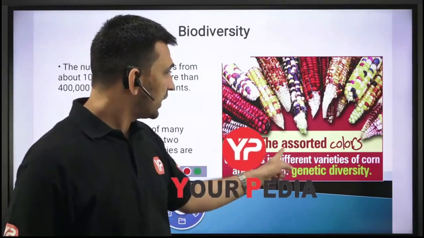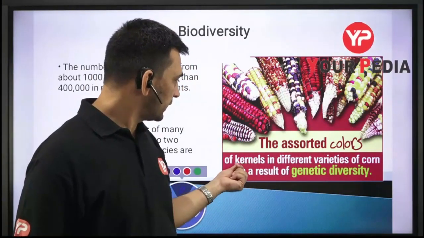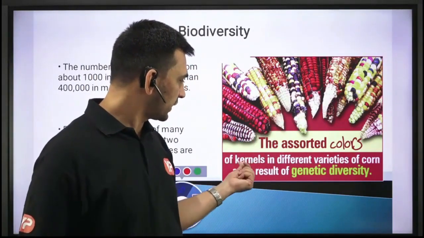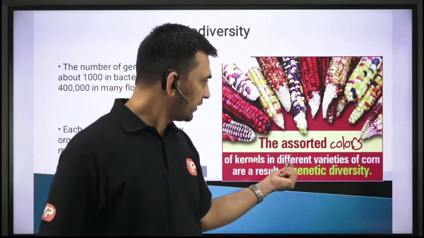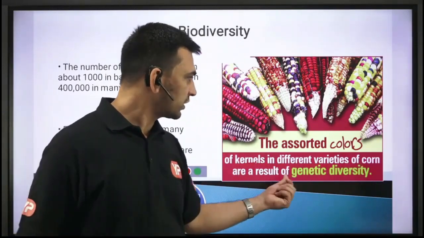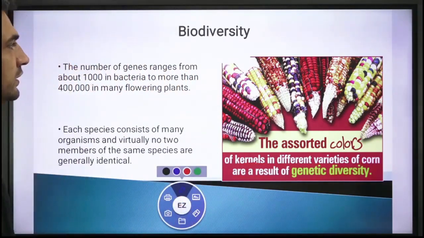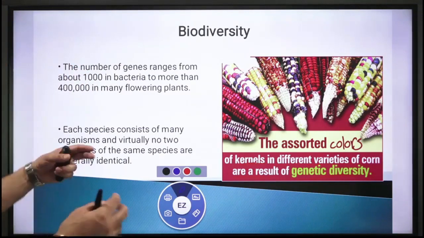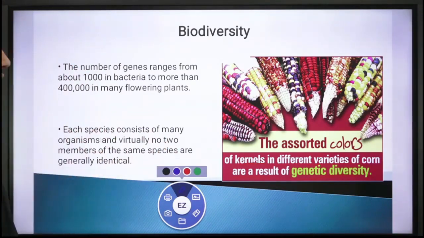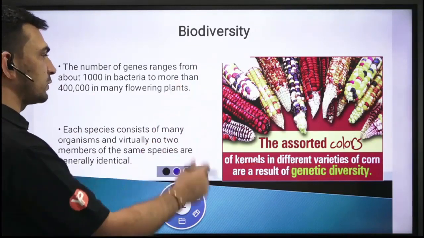So these are assorted colors, different kinds of kernels. The different varieties of corn are a result of genetic diversity, because the genes that exist in them provide that distinct feature in this particular species, right?